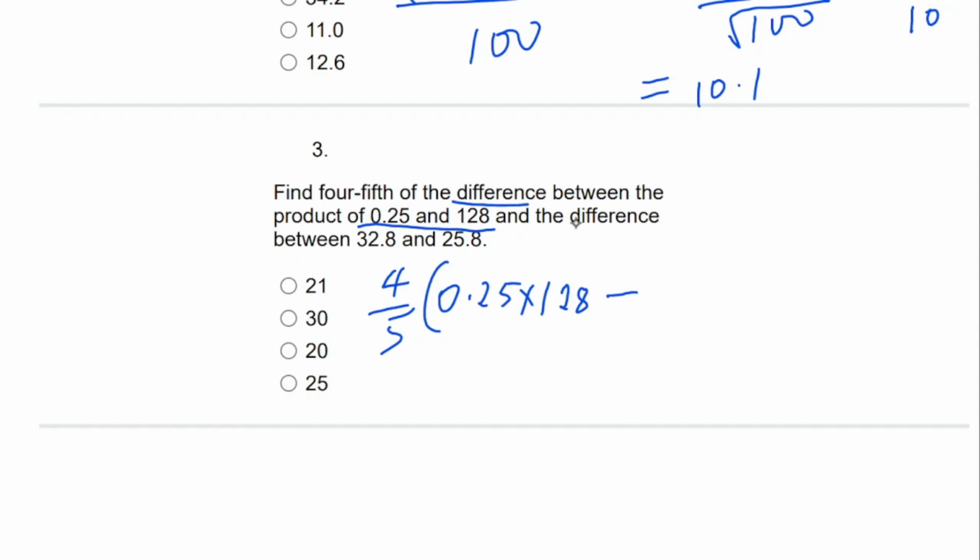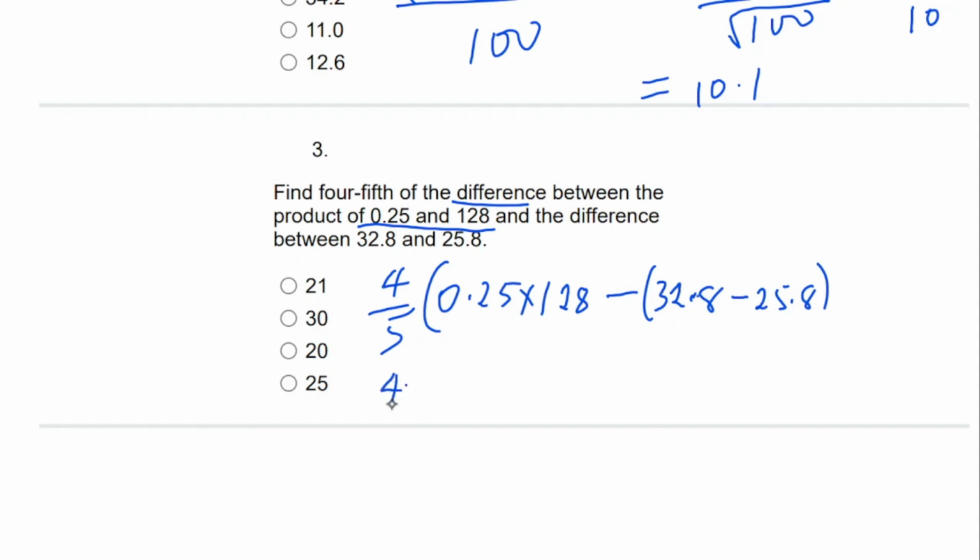The product of this and the difference between this and that is going to be 32.8 minus 25.8. So let's see what we're going to have. What we're going to do first is multiply this. So 0.25 times 128, that gives 32.